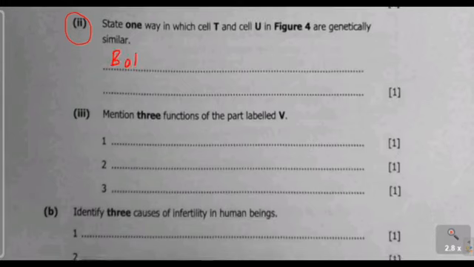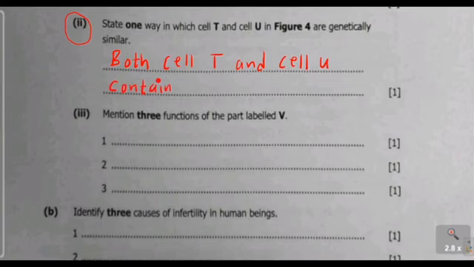Okay, so both cell T and cell U contain 23 chromosomes.